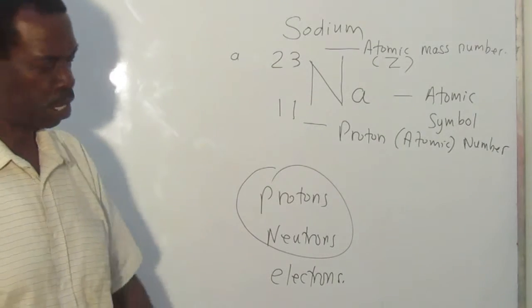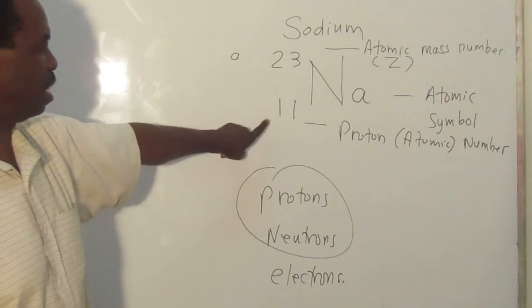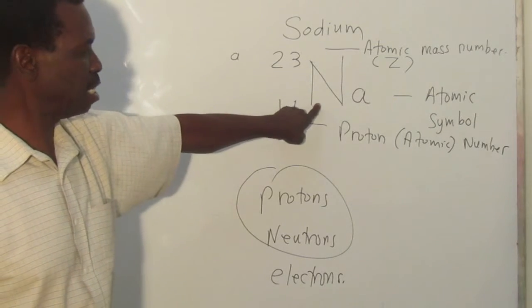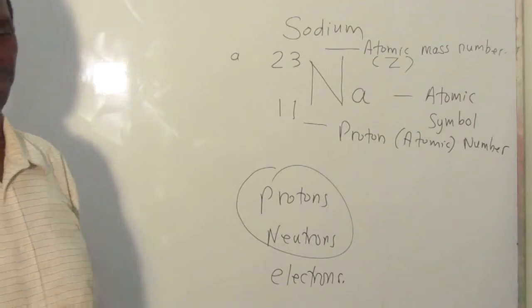I'm sure from here you can judge for yourself that the protons found in the nucleus, there are 11 of them.